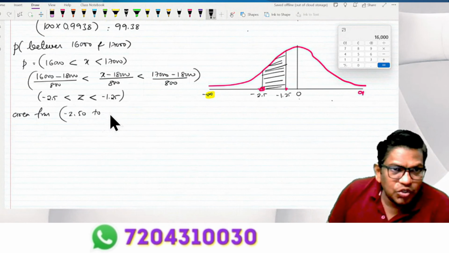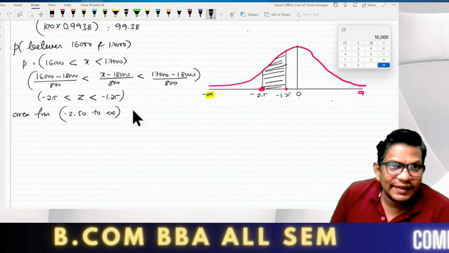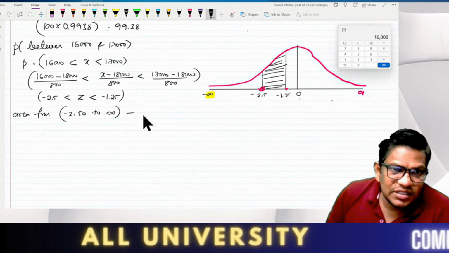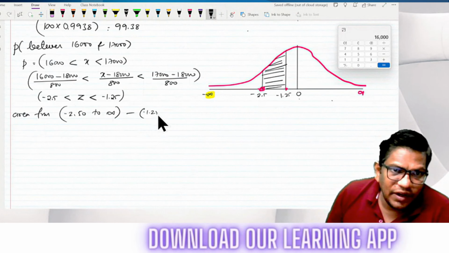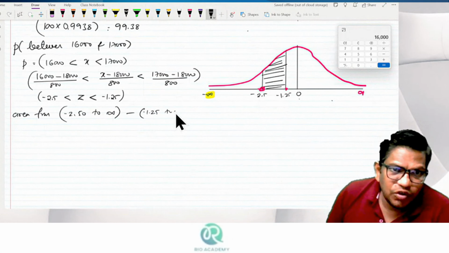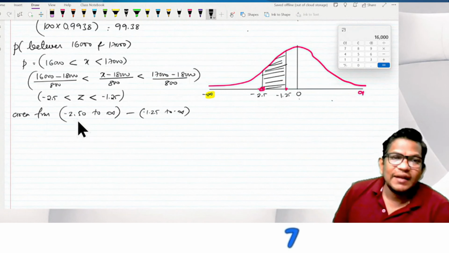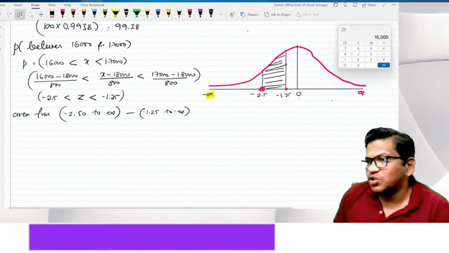Similarly, minus 1.25 to infinity. Tell me, what is 2.5, bacha?